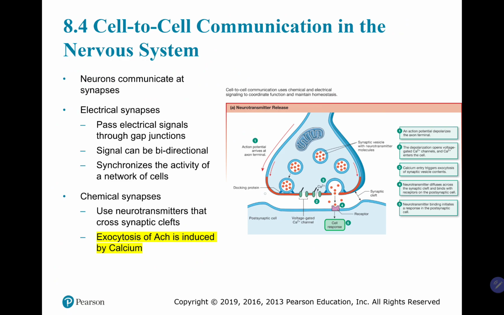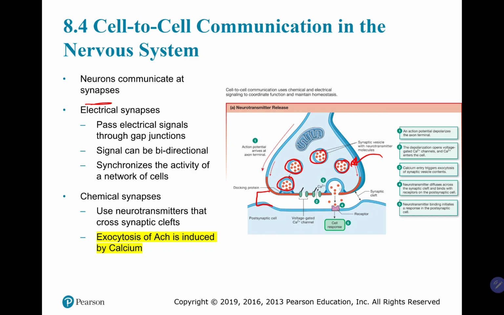Neurons communicate at the synapse, right? We have electrical synapses and chemical synapses. These chemical synapses use neurotransmitters that are housed in vesicles, these terminal vesicles. What happens is calcium binds to this vesicle and induces the exocytosis of the vesicle, so the vesicle spits out its compounds.